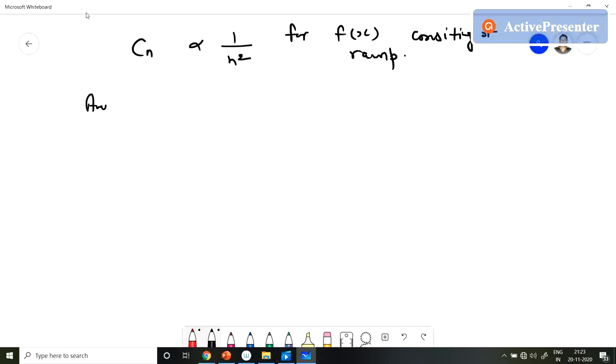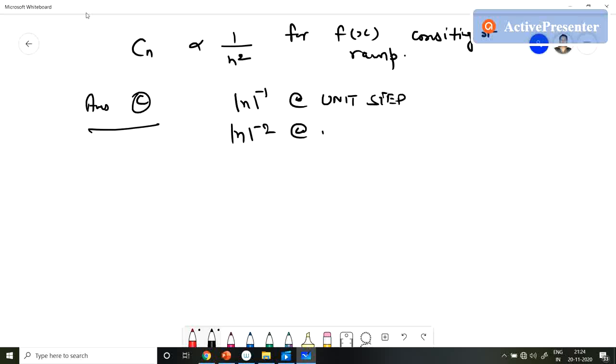So the answer is C, because option C has modulus of n raised to the power minus 1, that is for step, and modulus of n raised to the power minus 2, that is for ramp signals.